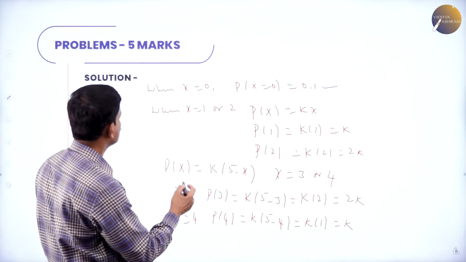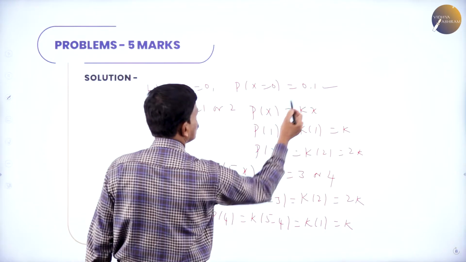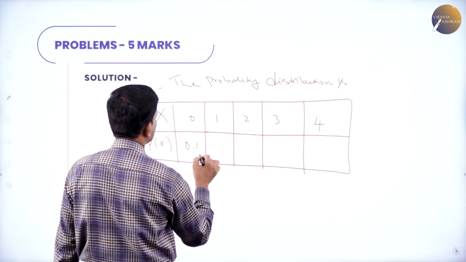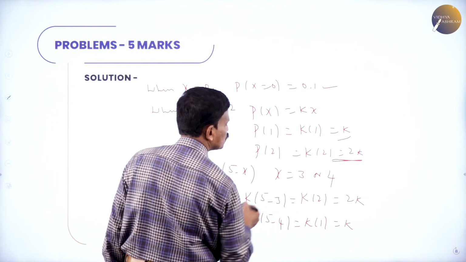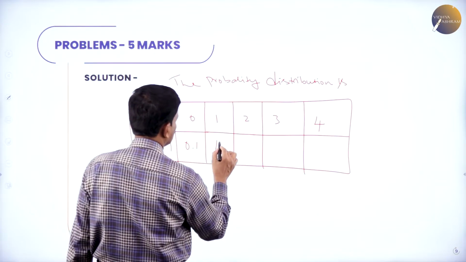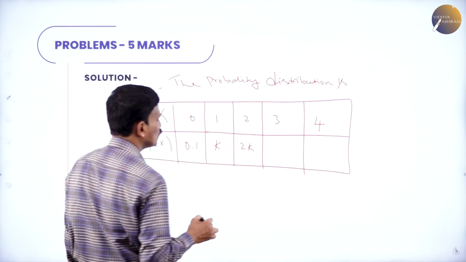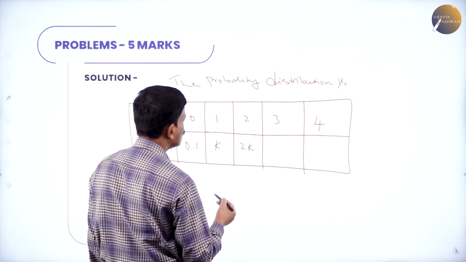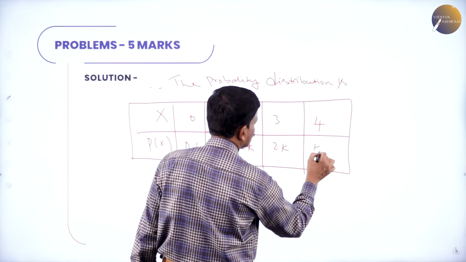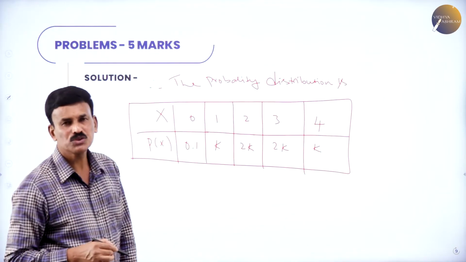When x is equal to 0, P(0) is 0.1. When x is equal to 1, it is k. When x is equal to 2, it is 2k. When x is equal to 3, it is 2k. When x is equal to 4, it is k. This is the probability distribution.